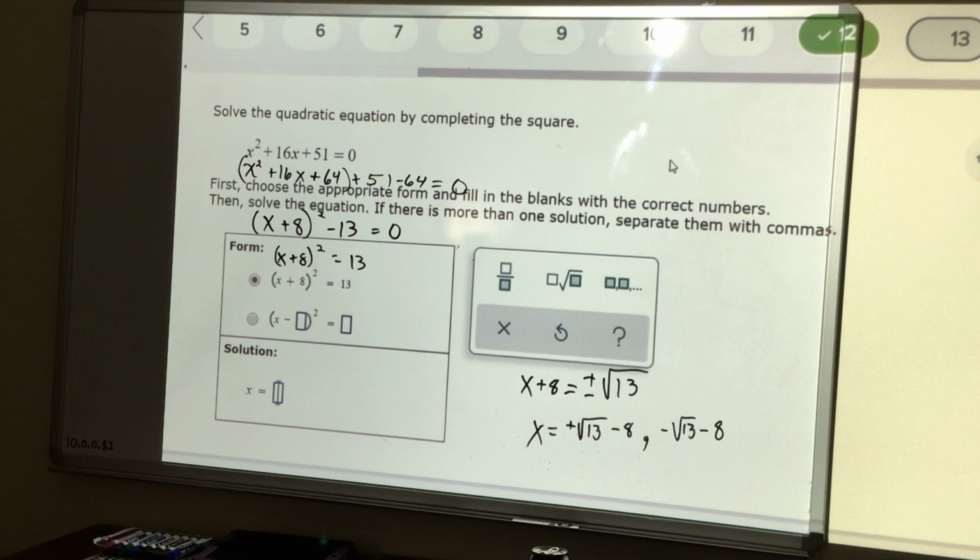I'm going to put the square root of 13, come out of the root, minus 8, comma. Then I'm going to put the square root of 13 up. Guess what I forgot to do? In front, negative square root of 13 minus 8.